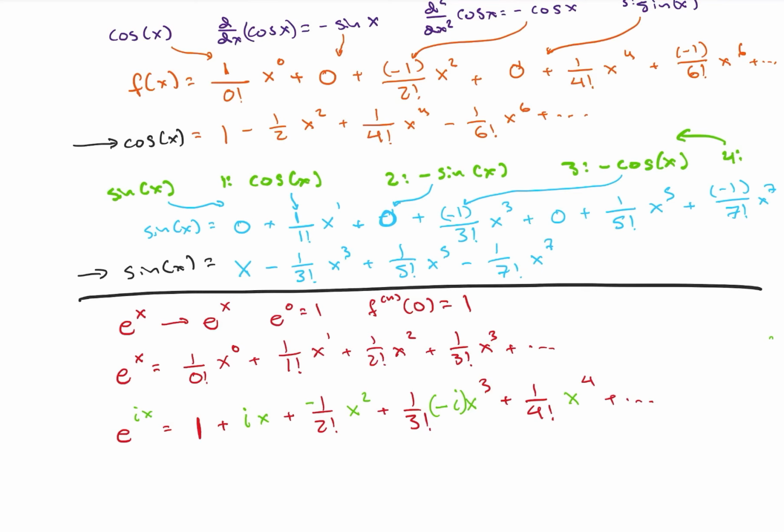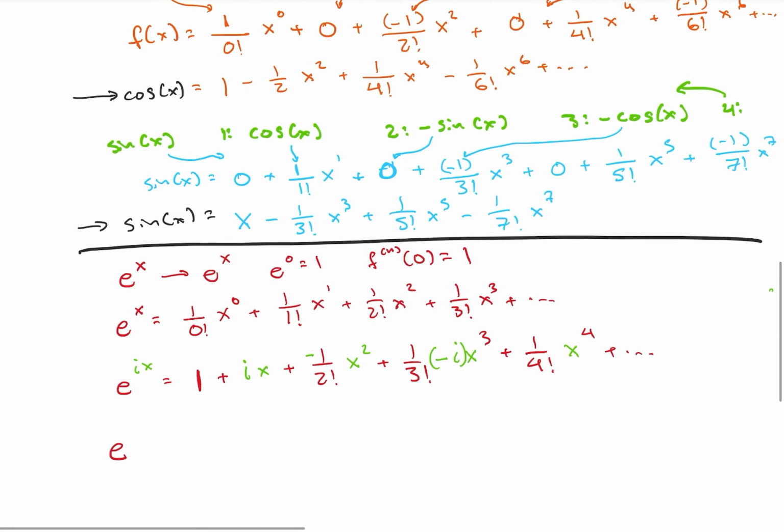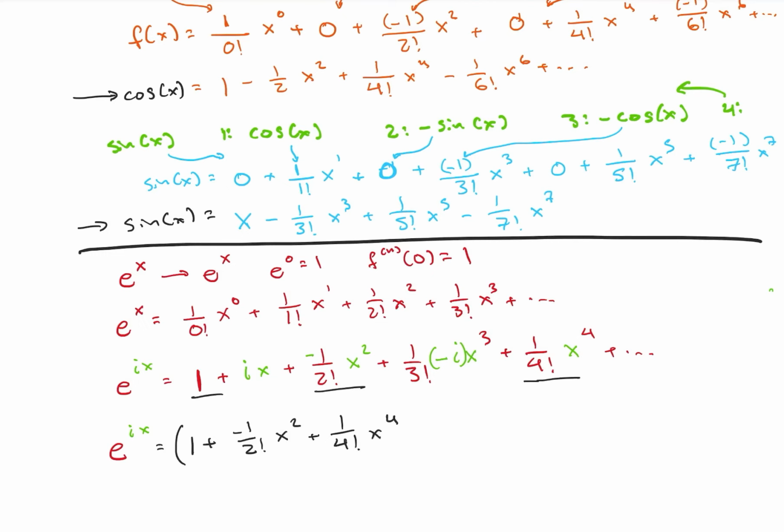And what I notice here is if I split this up and look at e to the ix, then it's going to equal something interesting. If I pull out everything that's not multiplied by i, then I'm going to get 1 plus negative 1 over 2 factorial times x squared plus 1 over 4 factorial times x to the 4th, and so on.